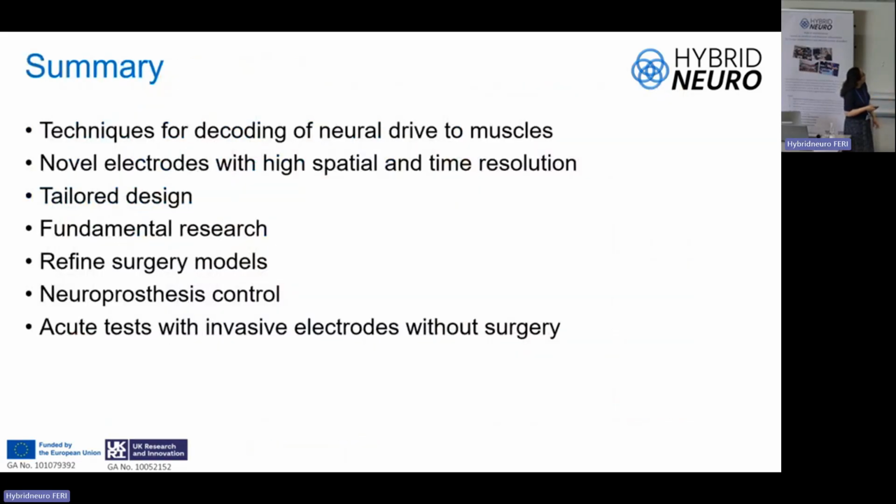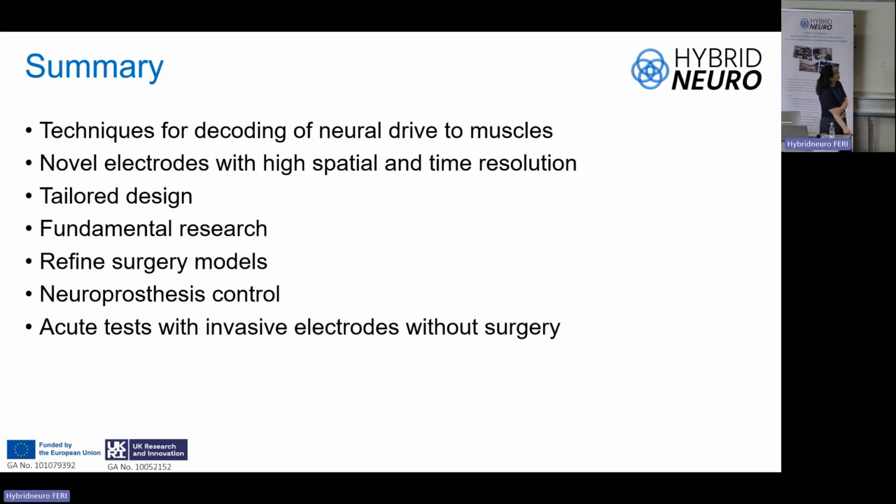I've been very fast, and this was all I wanted to say about intramuscular techniques for recording EMG. Just summarizing, I presented different electrodes that have been developed for decoding motor unit activity in deep and superficial muscles. I showed you that we can tailor the design depending on what we want to achieve.